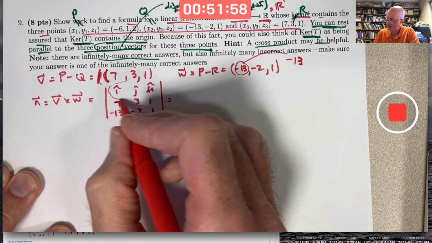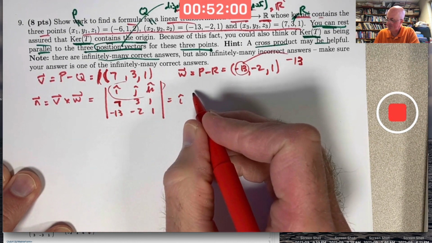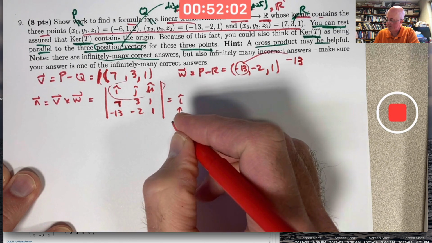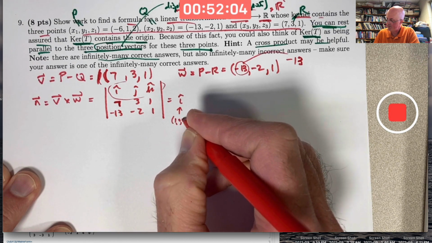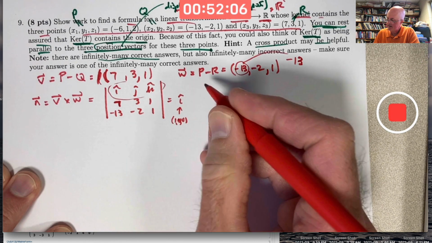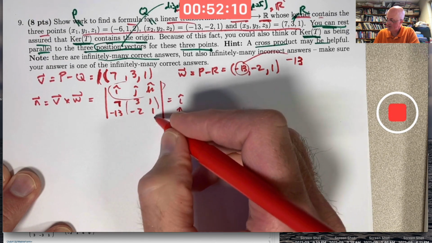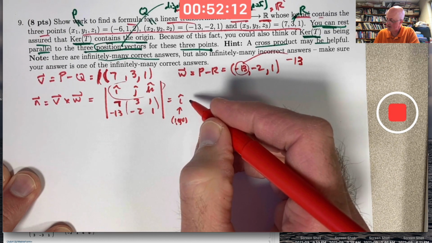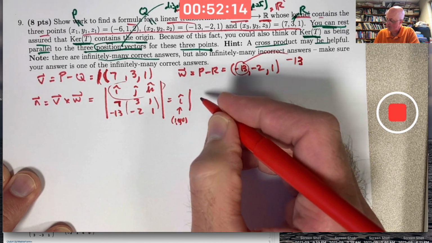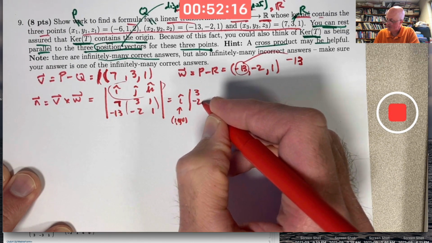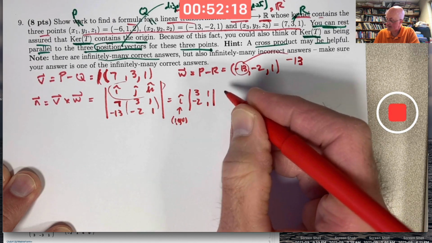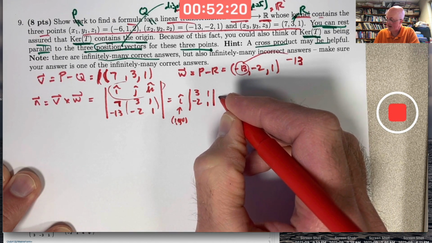So do it across the first row. I hat, the first entry, which is, by the way, 1, 0, 0, times the determinant of the 2x2 submatrix I get by deleting the first row and first column. I'll write it with absolute value notation, though determinants can be negative, so that's a little deceiving.